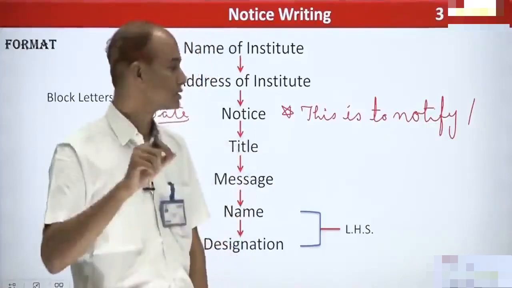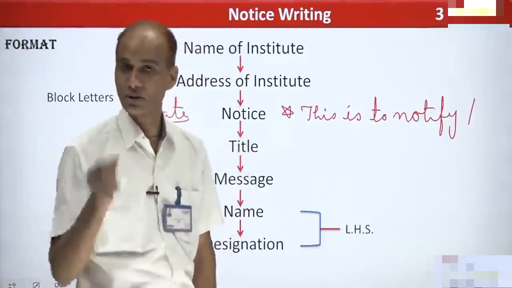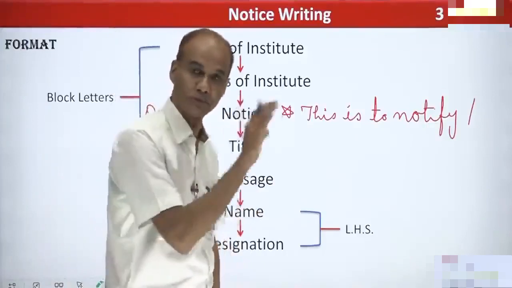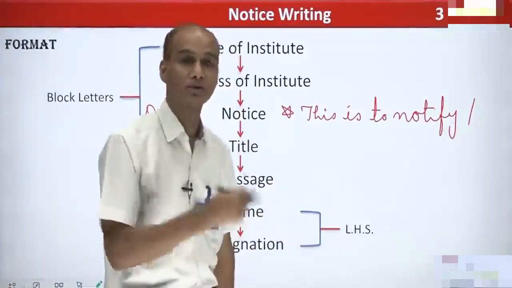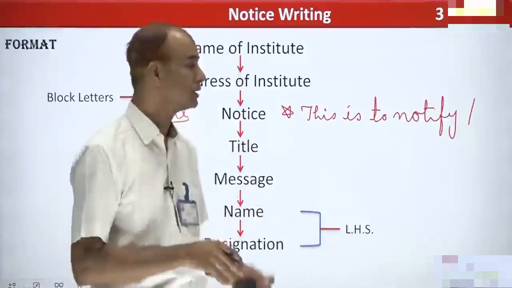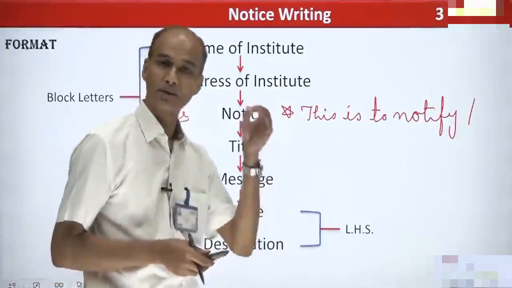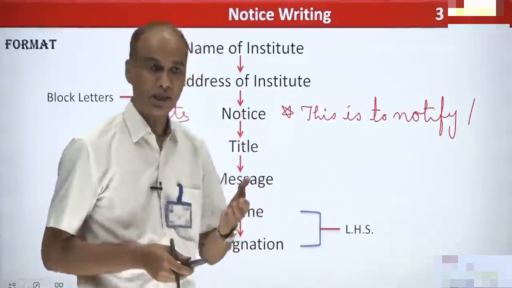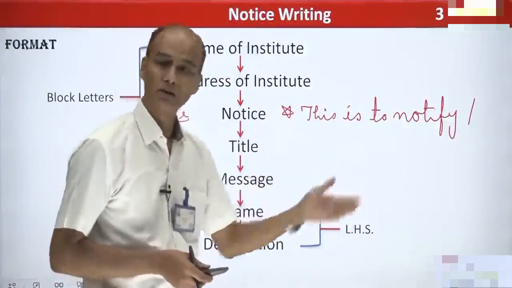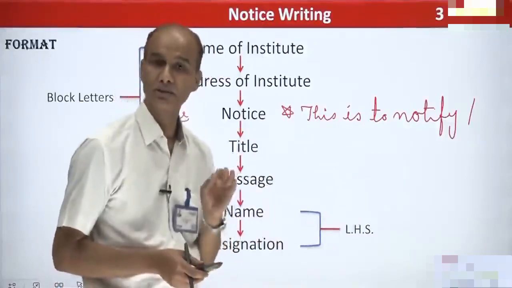That this is to notify all the students. Now, you must pay attention here whether this is to be informed to all the students or only to some particular group. For example, say the notice is only for class 11th and 12th, and you write that all the students, this is to notify all the students, then that definitely is wrong.